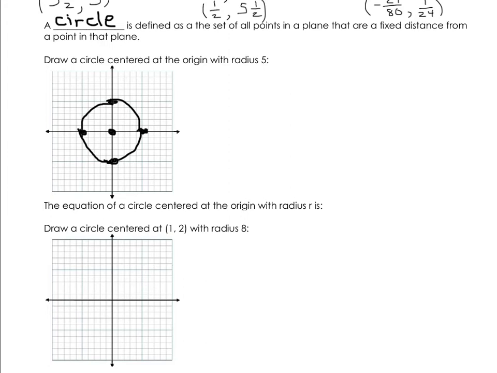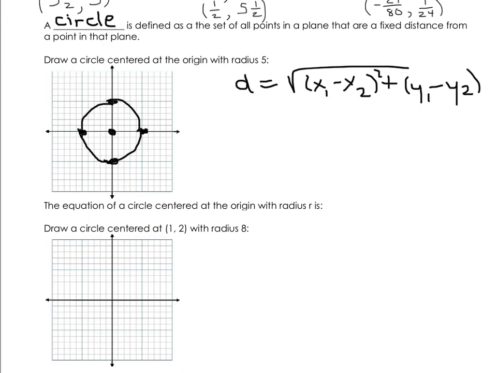So what's the equation of that circle? Well, let's think about that. If the distance always stays 5, we know our distance formula is the square root of the difference between the x values squared plus the difference between the y values squared. So our distance is 5. We know that.